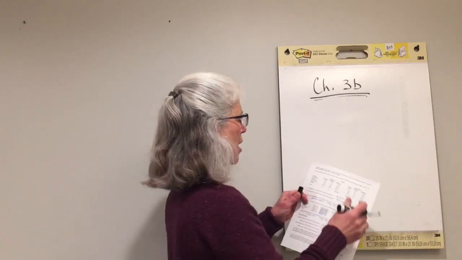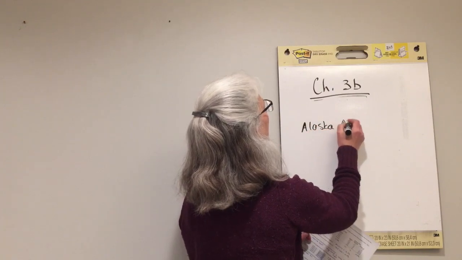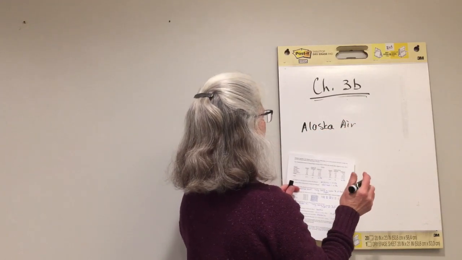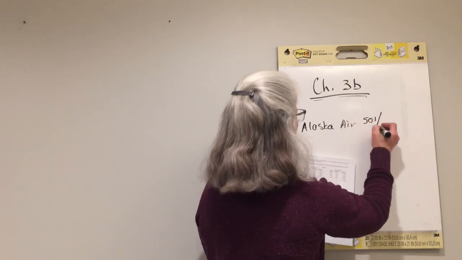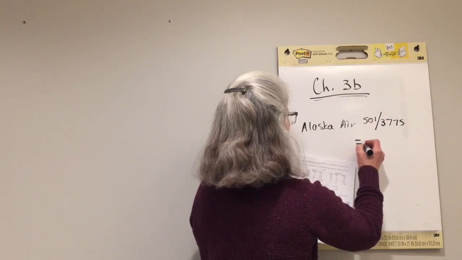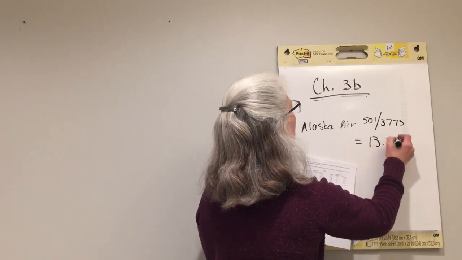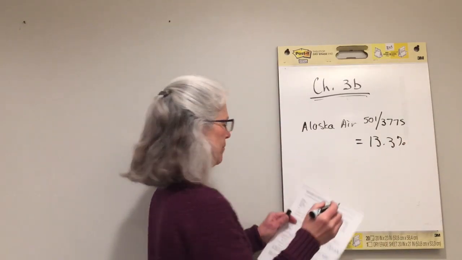So overall, for Alaska Air, let's see what percent were on time or delayed. Delayed, 501 flights delayed out of a total of 3775 flights. So 13.3% of the Alaska Air flights were delayed.